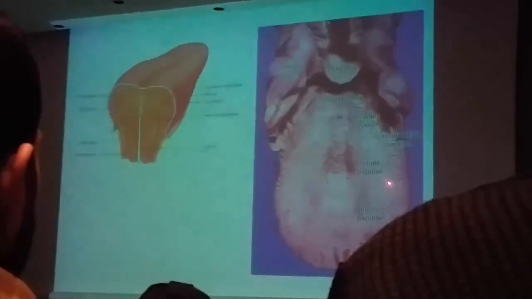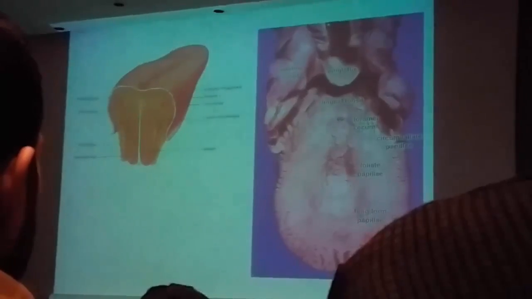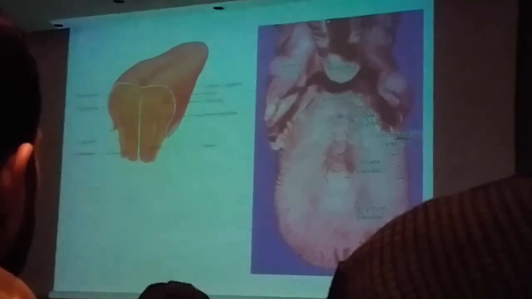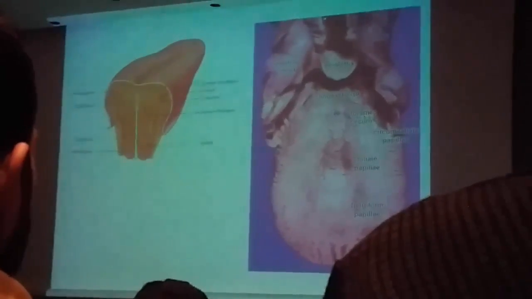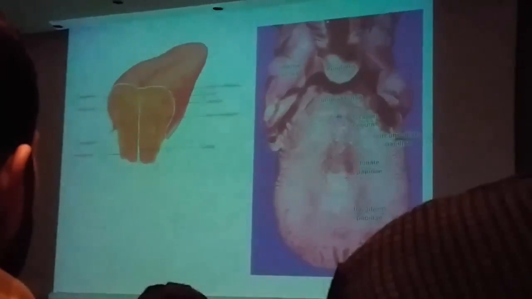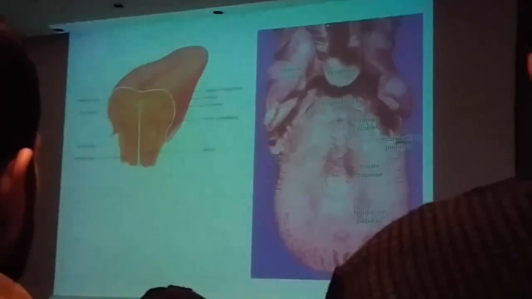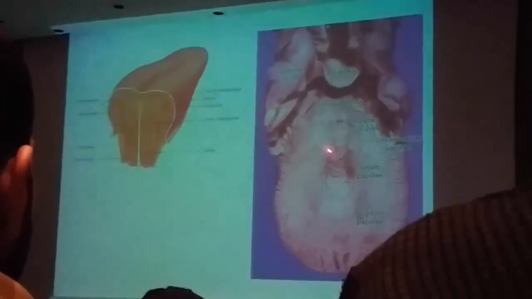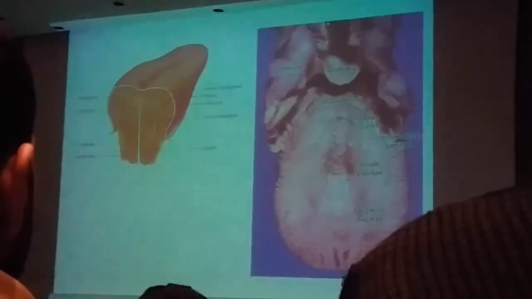You see them? Stuck to the fungiform, distributed all over the dorsum of the tongue and the margins. And these are the vallate papillae. They all carry taste buds, which carry the sense of taste. So if you put food, whatever, sweet or sour or salt, on the tip, is it going to be different from the back of the tongue or from the margin of the tongue?